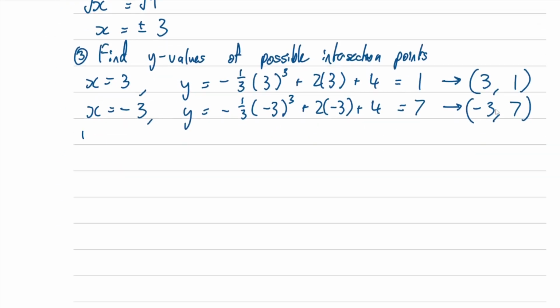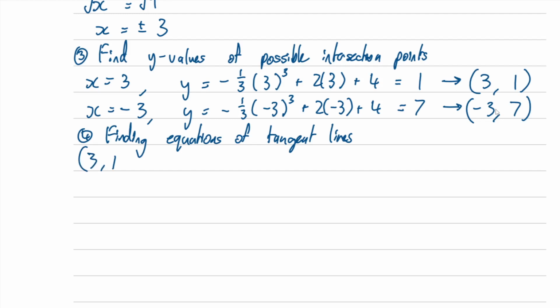So let's do that now. Finding equations of tangent lines. So for one point, we have (3, 1), and the gradient is negative 7. So using point slope form, y minus y1 equals m bracket x minus x1.